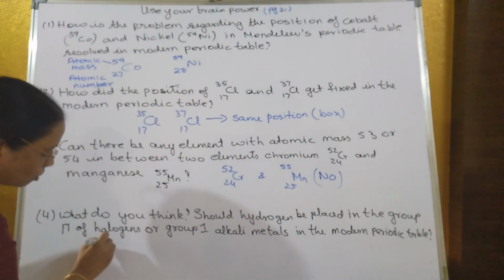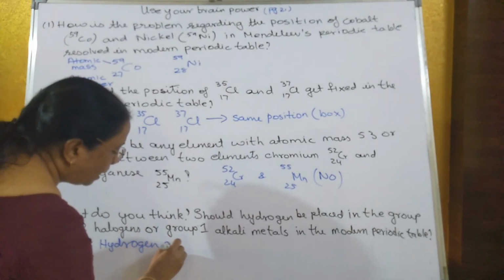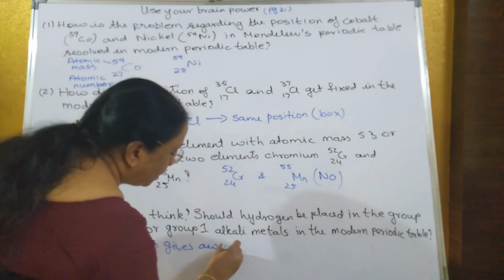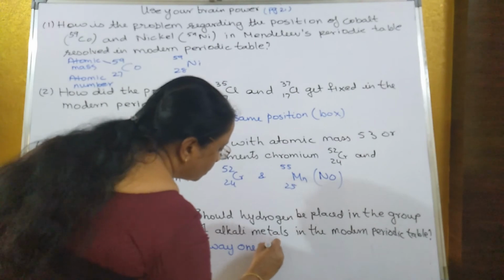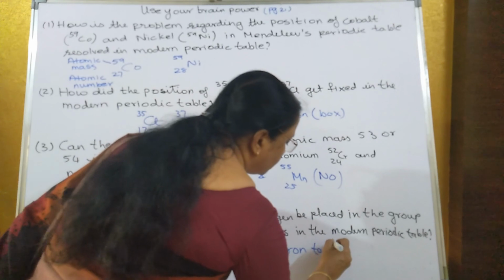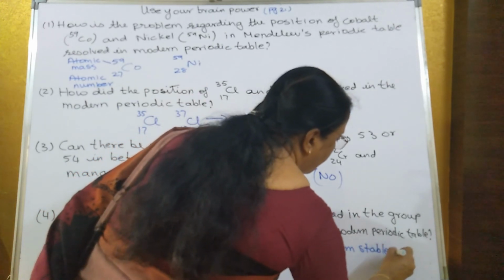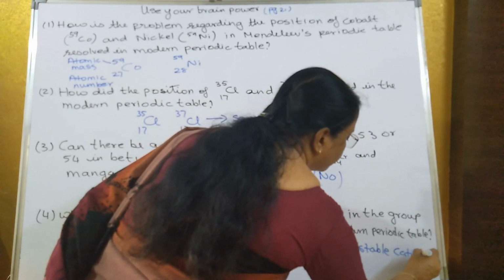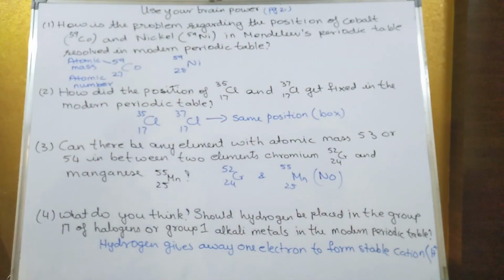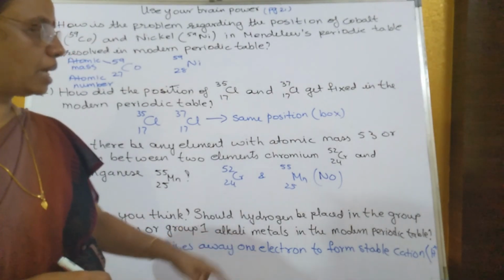Because hydrogen gives away one electron to form a stable cation, that is H plus. So it forms a stable cation by giving away one electron. Hence hydrogen is placed in group 1 along with the alkali metals.